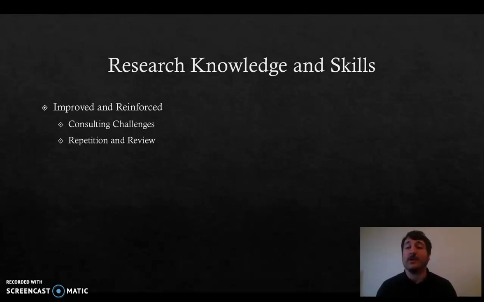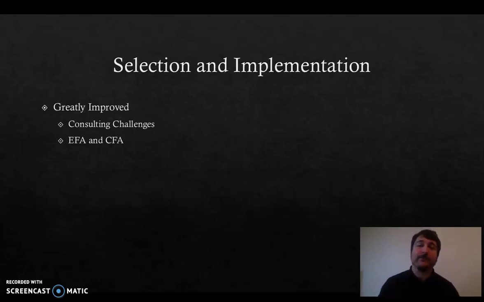The consulting challenges were fantastic for this, both for getting a lot of experience with the various analysis techniques, as well as understanding how they fit into an I/O context as well, and what research really looks like in an I/O context. And just the repetition of doing the exercises and then applying them to a consulting challenge was really important for me to understand that.